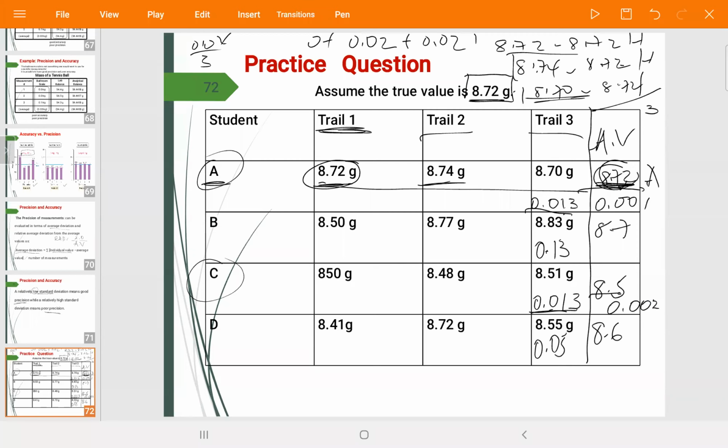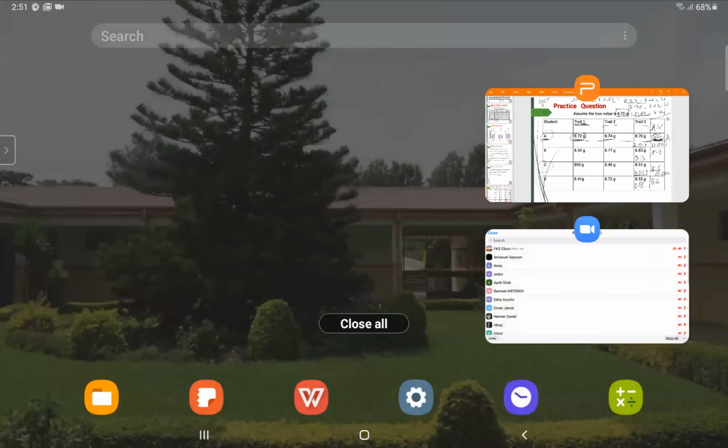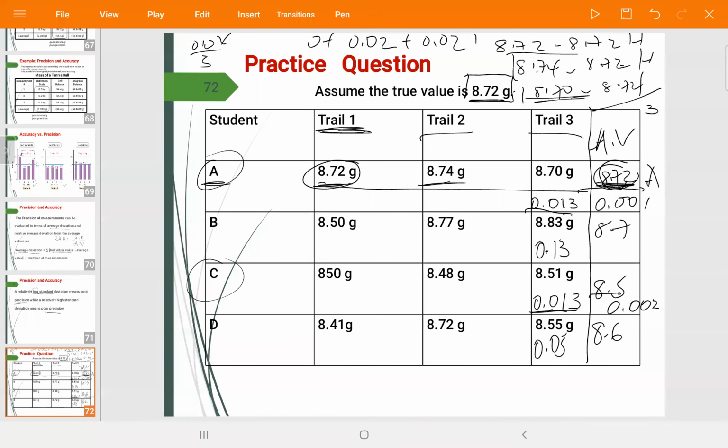So if you have the same number divided by a smaller number and a larger number, the one that has the smaller denominator will have the larger value. So which one is precise? Student A is precise as well as accurate.